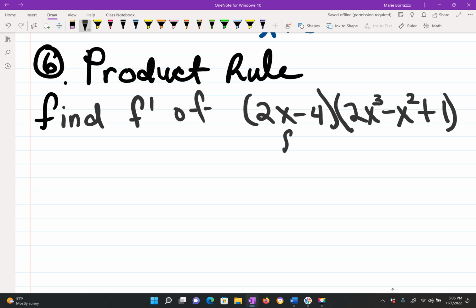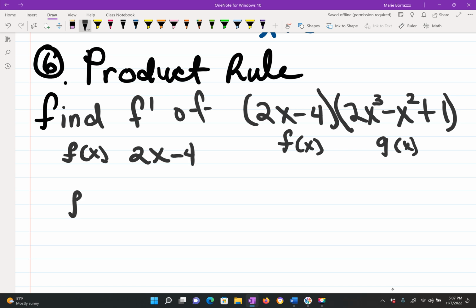So this is like our f of x, and this is like our g of x, right? So I would do f of x on top, which is going to give me 2x minus 4. Down here, I'm going to take the derivative of that small equation, which is simply 2.